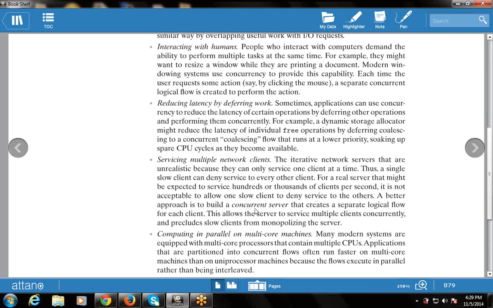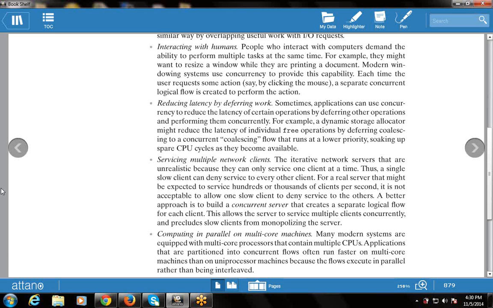A better approach is to build a concurrent server that creates a separate logical flow for each client. Iterative network servers are unrealistic because they provide service to only one client at a time. With a concurrent server, they are able to serve multiple clients at the same time.